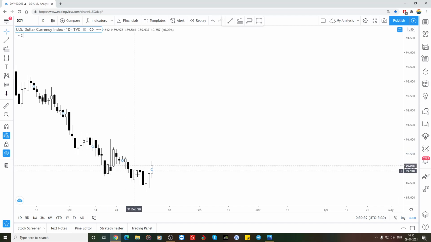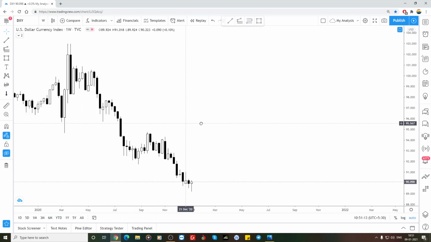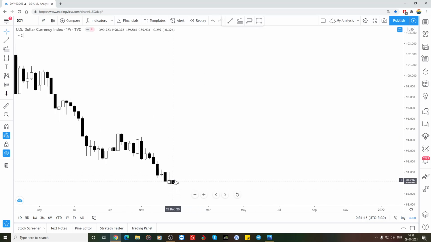After that again the 5-wave structure, 1, 2, 3, 4, 5, got completed. Then a doji, a perfect bullish candle, and the next day is also a bullish candle. On the weekly candle, it is also a bullish hammer. So this is the inverted hammer and this is the regular hammer on the bullish side.